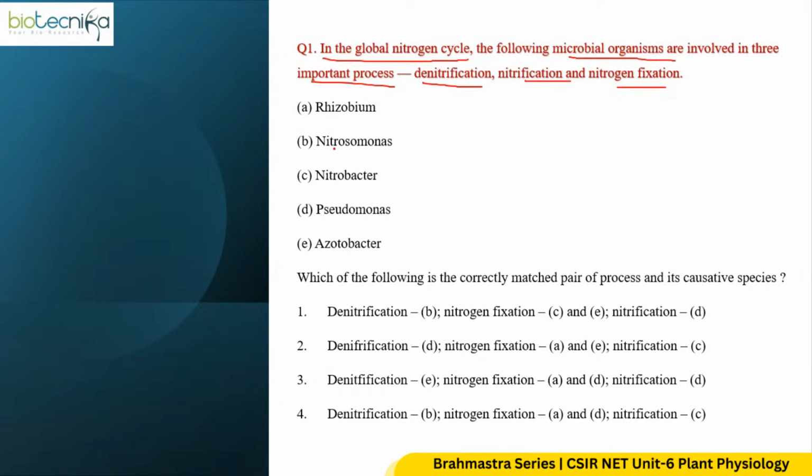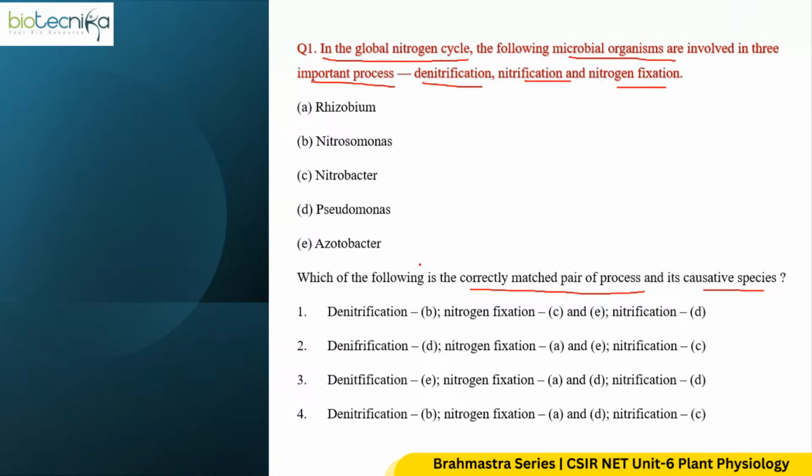The organisms given here are Rhizobium, Nitrosomonas, Nitrobacter, Pseudomonas, Azotobacter. Now you have to identify the correctly matched pair of process along with their causative agent. Have a look into the options given below and let me know the correct answer in the box.